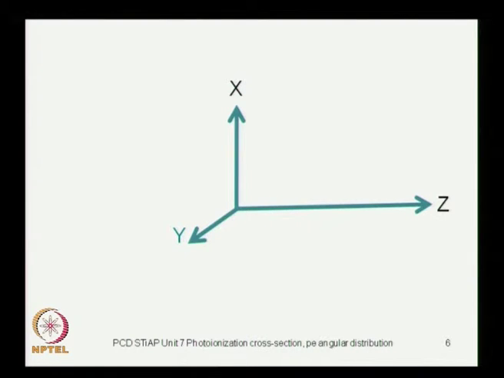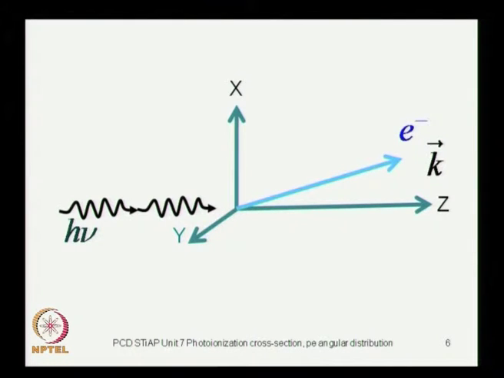So, basically if you have a Cartesian coordinate system, and you have got incidence of electromagnetic energy along the z axis, so you choose your z axis along the direction of incidence of the electromagnetic energy, and let us say a photoelectron, the electron which is knocked out, is what I shall refer to as a photoelectron. So, this is the photoelectron which comes out, it comes out in a given direction.